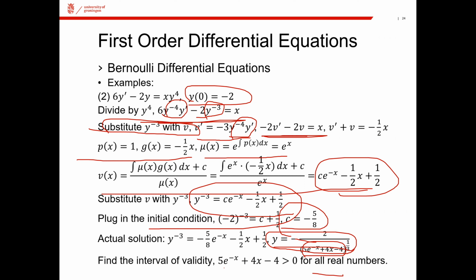But after the calculation, we know that this 5e to the power of minus x plus 4x minus 4 is always positive for all real numbers. So the interval of validity will be all numbers.